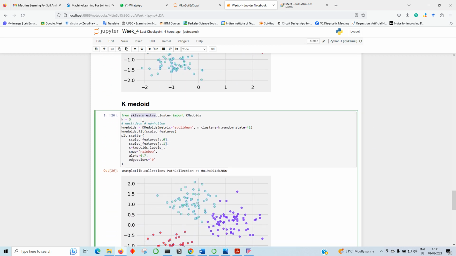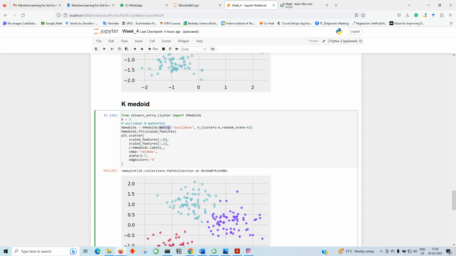K-medoid is not very commonly used, even though it is better, because it is computationally expensive. It is stored in a library called scikit-learn-extra. So we import the KMedoids model from scikit-learn-extra cluster, and let's again use 3.